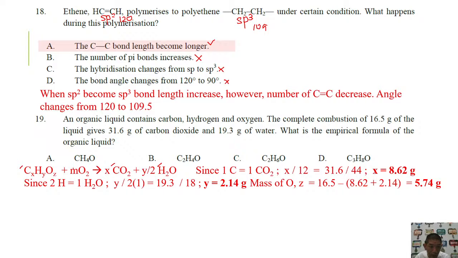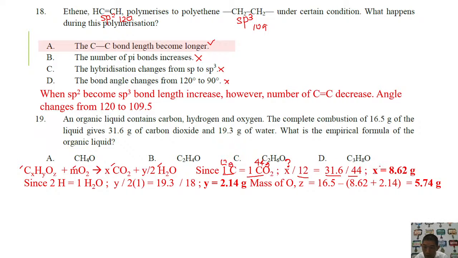In here you have to know that stoichiometrically, one carbon produces one carbon dioxide. If it is changed to mass, that means 12 grams of carbon gives 44 grams of carbon dioxide. At the end of the day, you produce 31.6 grams of carbon dioxide. So how much is the original mass of the carbon in here?